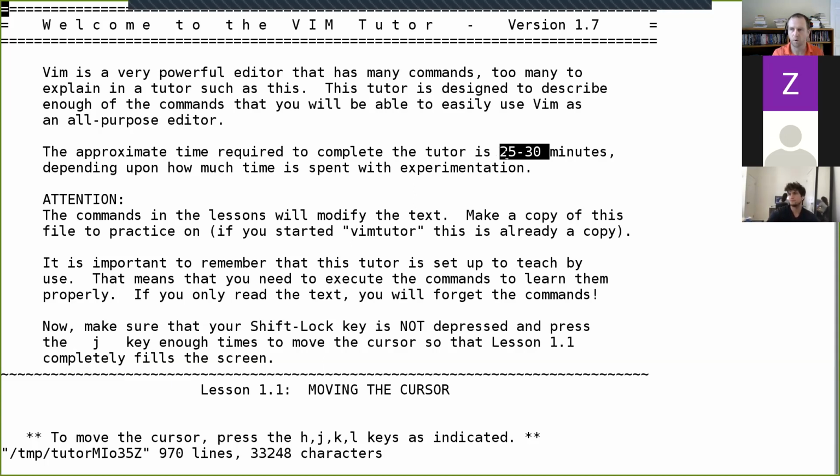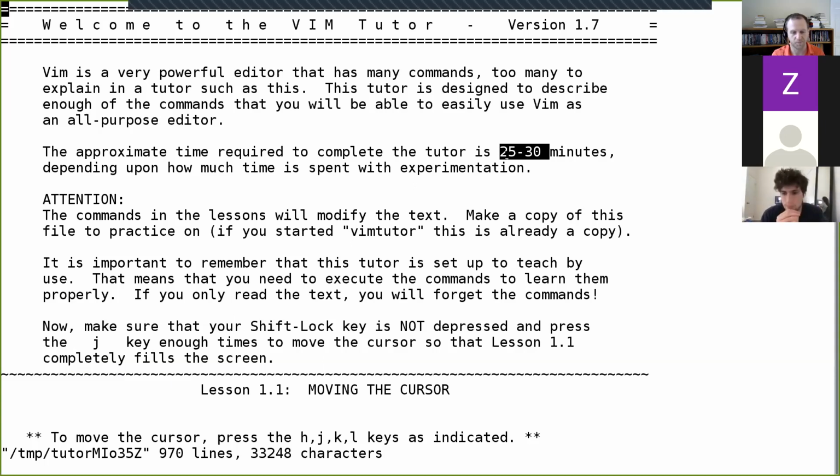The most important command you need to know, though, is how to exit Vim. There are a lot of jokes on the internet about somebody accidentally typing Vim in the terminal and not being able to figure out how to exit, so they've been stuck in Vim for centuries, or since 1970 when the universe began in the Unix world.